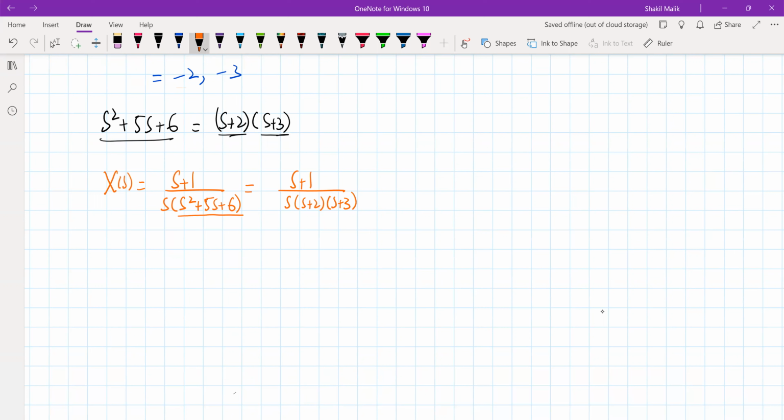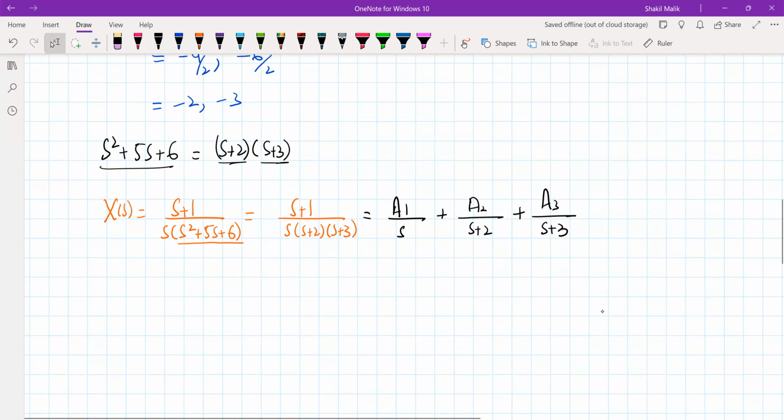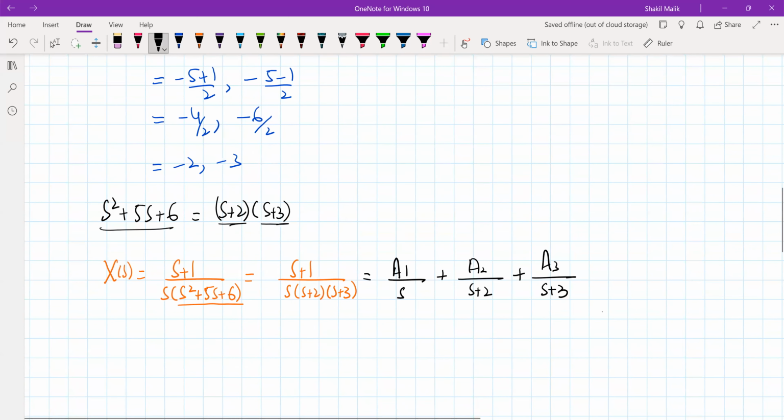So we replace s square plus 5s plus 6 by s plus 2 into s plus 3. Now we can use the partial fraction expansion method. So we can write it as a1 divided by s plus a2 divided by s plus 2 plus a3 divided by s plus 3.